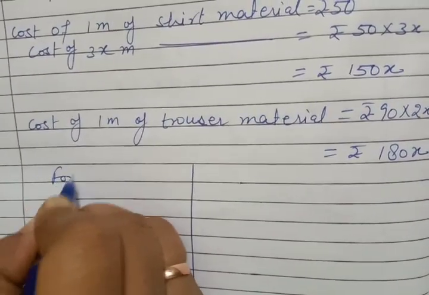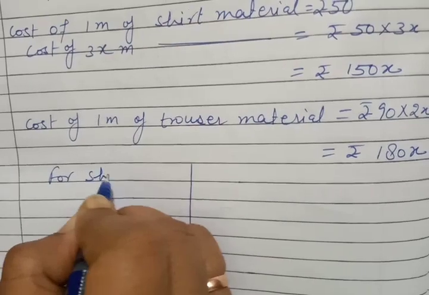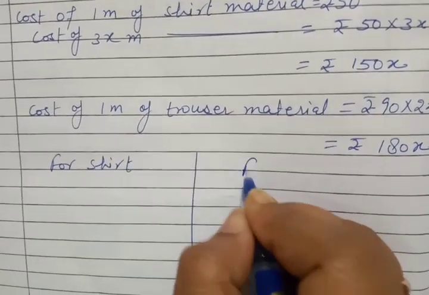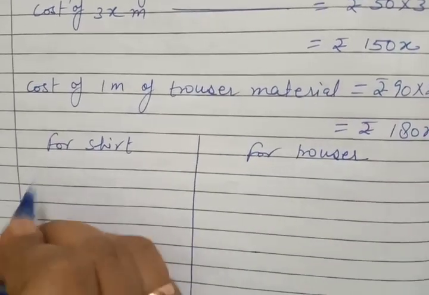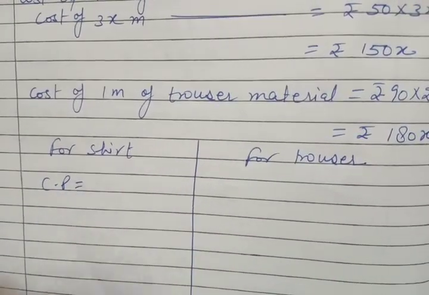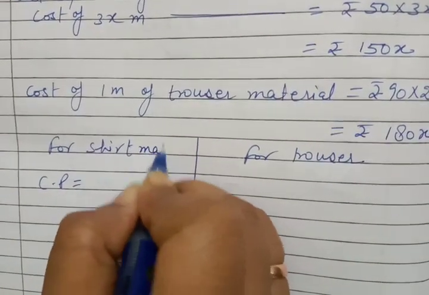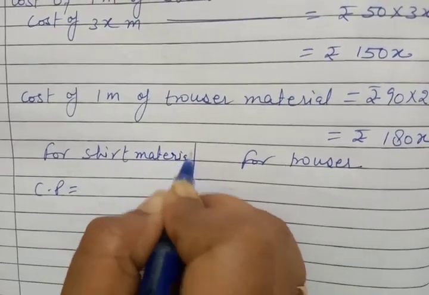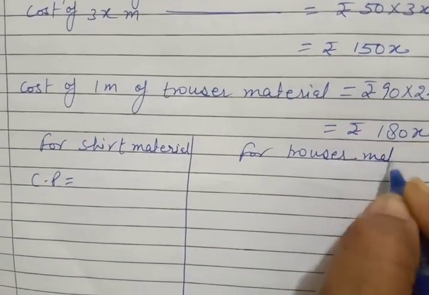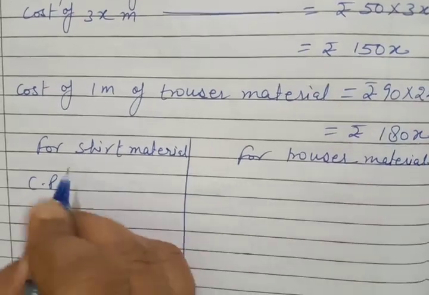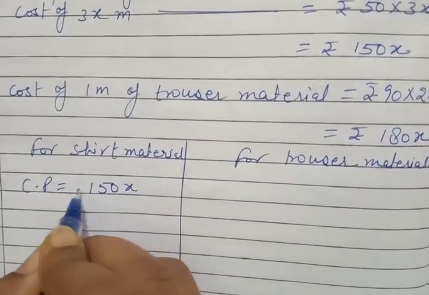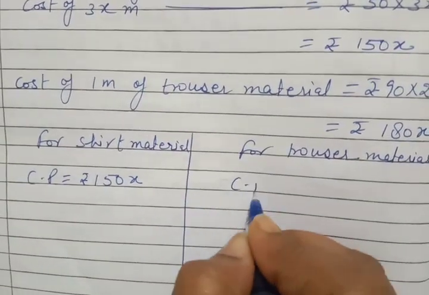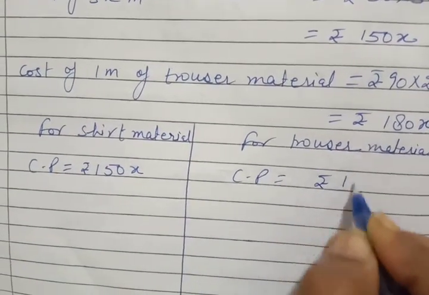I am writing here, I am dividing this page for shirt and for trouser. We'll do together. Cost price for shirt material is 150x and cost price for trouser is 180x.